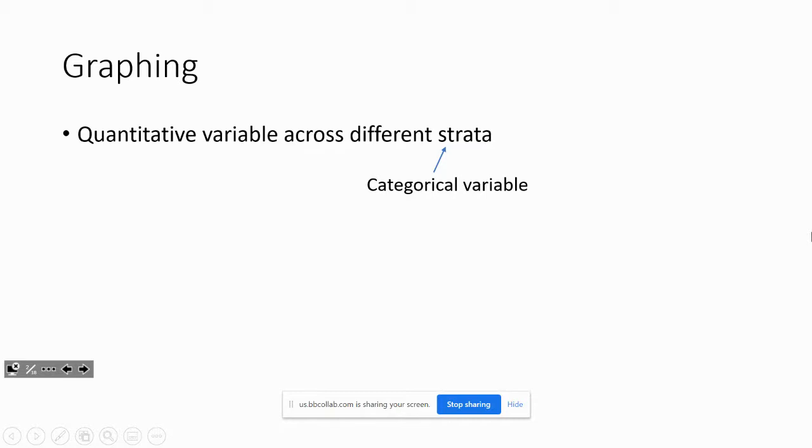So what are some strategies that you know about for graphing a quantitative and a categorical variable on the same graph? Or you could think of it as graphing a quantitative variable and showing how it differs between different groups.